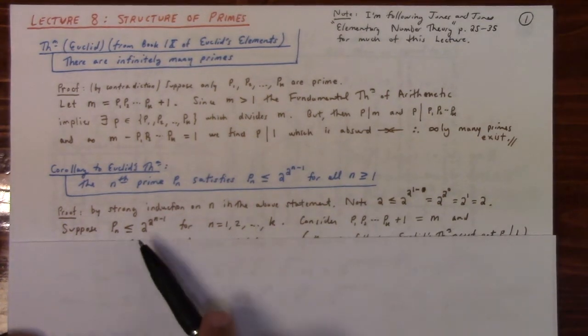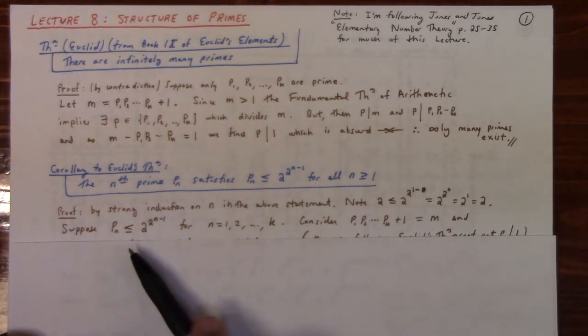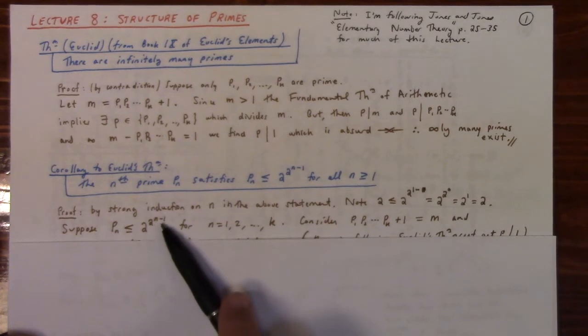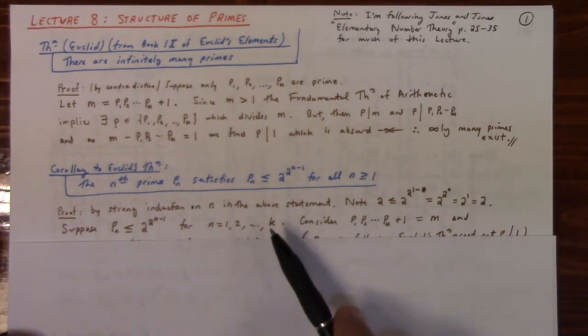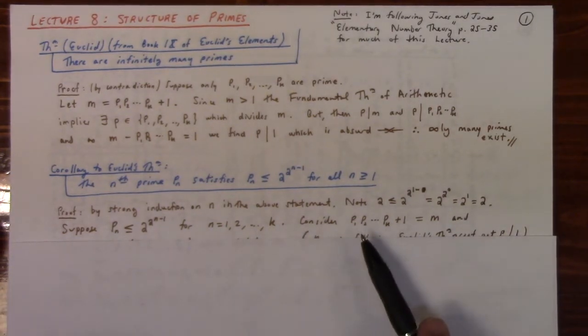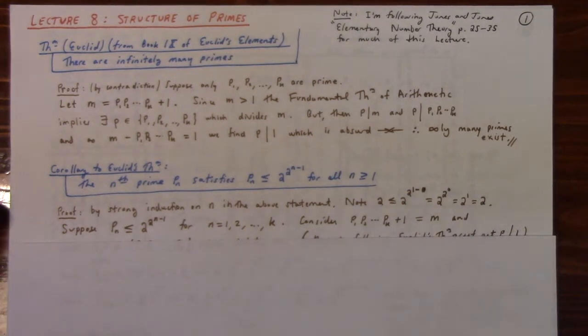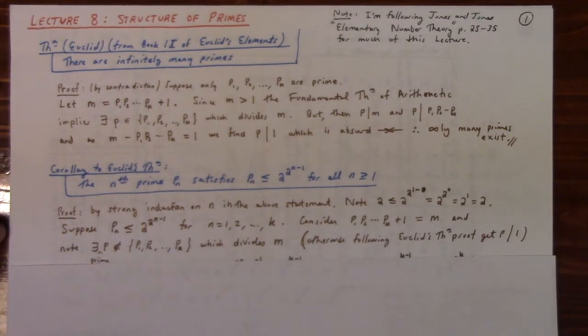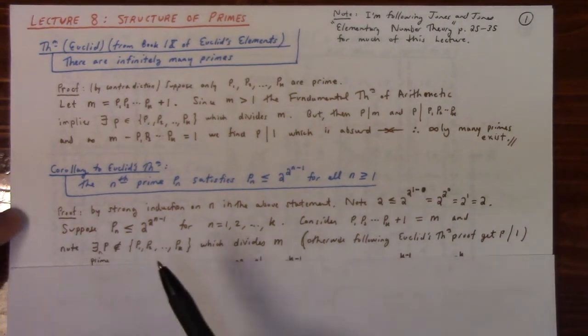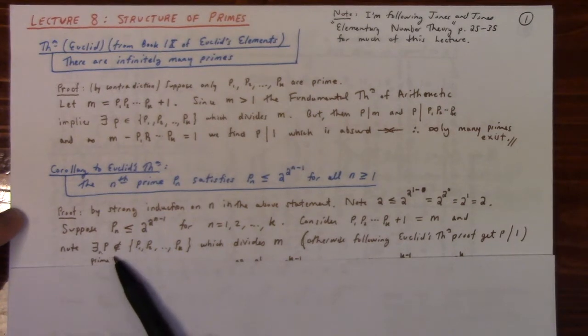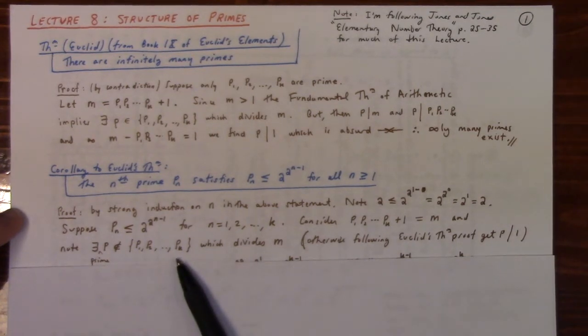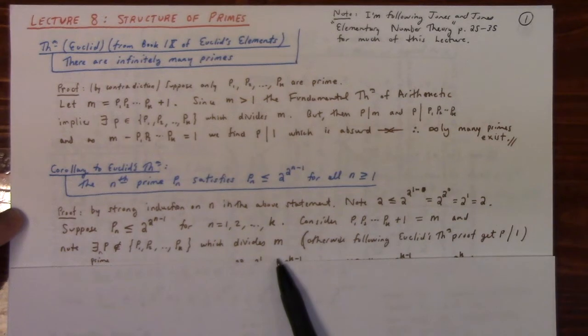So suppose it's true for n. Suppose P_n is less than or equal to 2 to the 2 to the n minus 1 for n equals 1 to k. Now we're going to consider P1 times P2 times up to Pk, plus 1, equal to M. Then there has to exist a prime P which is not in this list, which divides M, because otherwise that would give us that the prime divides 1, which is a problem.